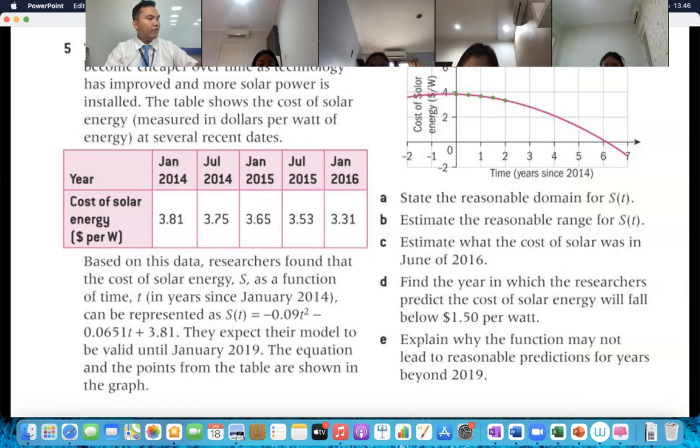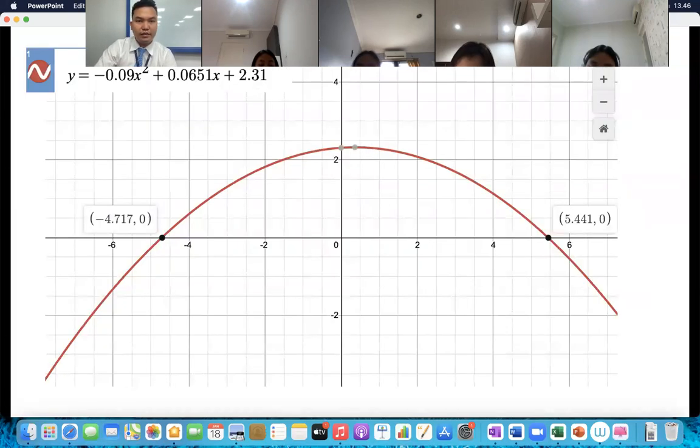Now 3.81 minus 1.5. Okay, so we have this. Now go with me. Last time I said to you, this is the equation, right? 2.31. But this is using Desmos.